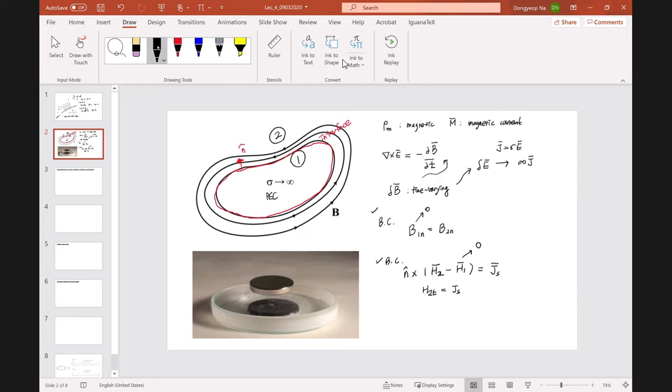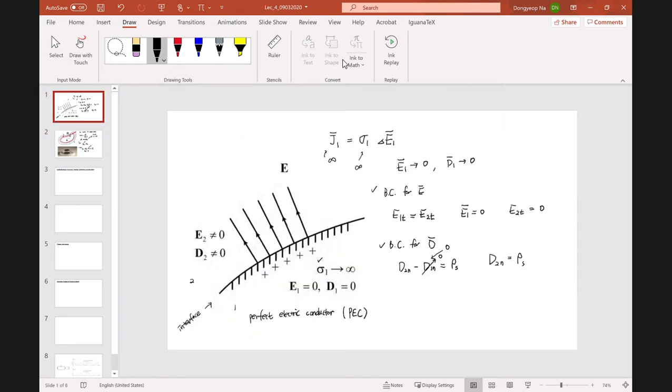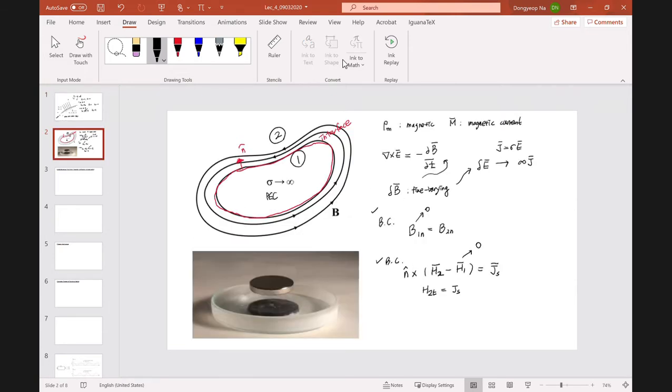So that's why, unlike the electric field, there's only a normal component. Magnetic flux has a tangential component enclosing this PEC material. Actually, note that this contour illustrates this magnetic field.